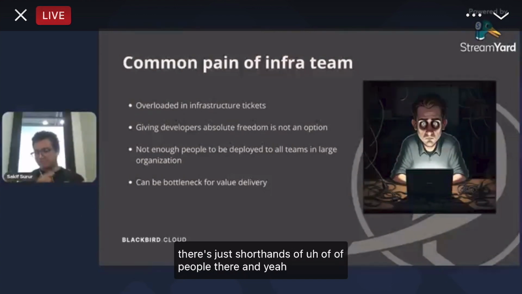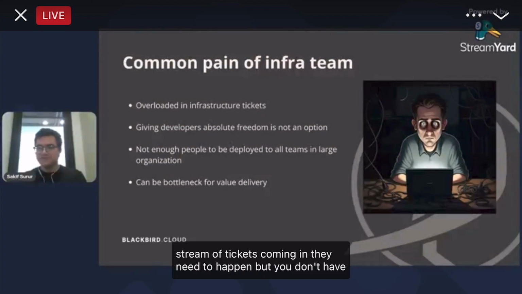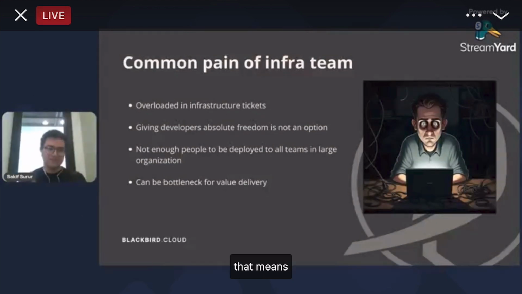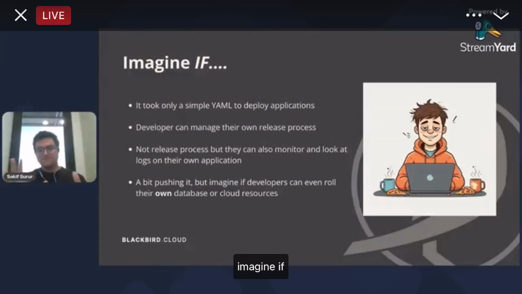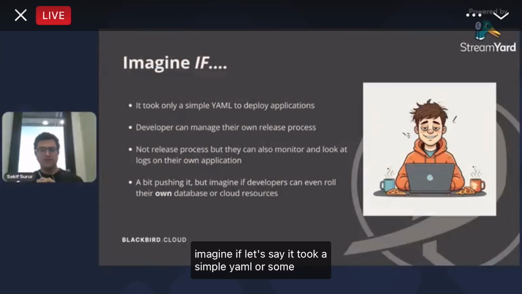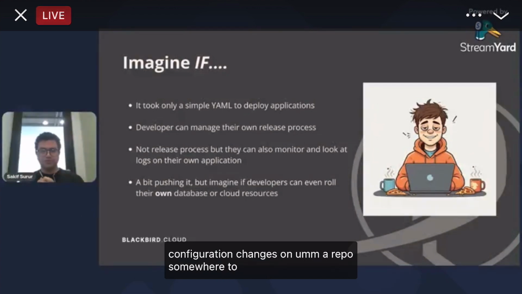And yeah, when you have a stream of tickets coming in, they need to happen, but you don't have the time for it. That means you're going to be the bottleneck. Now, imagine if, let's say, it took a simple YAML or some configuration changes on a repo somewhere to deploy your application.